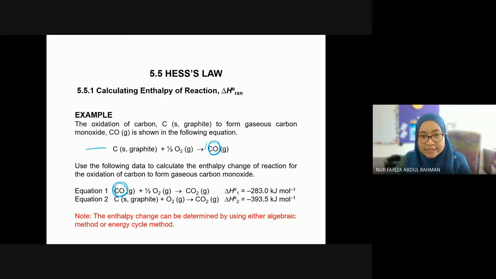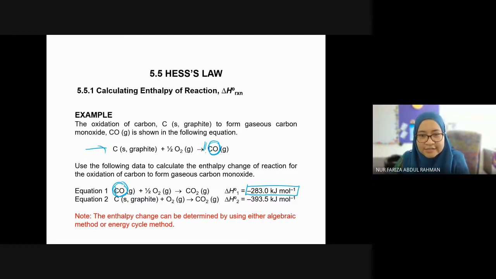Remember our target: we want 1 mole of CO, and this is already 1 mole of CO. It is just on the reactant side and we want it on the product side. So bear in mind that we have to reverse the equation. When you reverse the equation, you have to reverse the enthalpy change as well: change the sign to a positive value. So that is the first step.